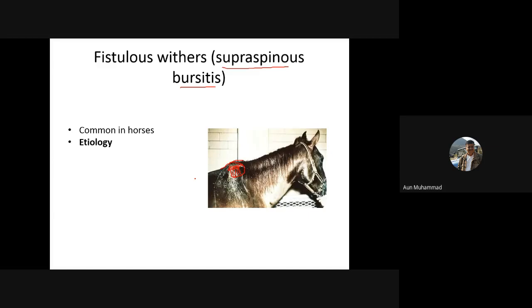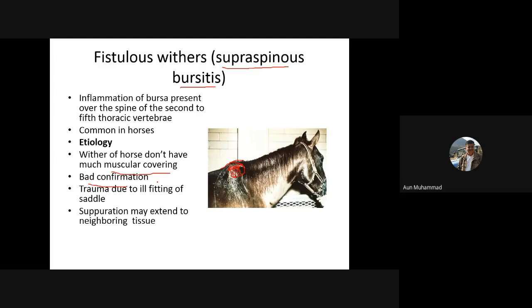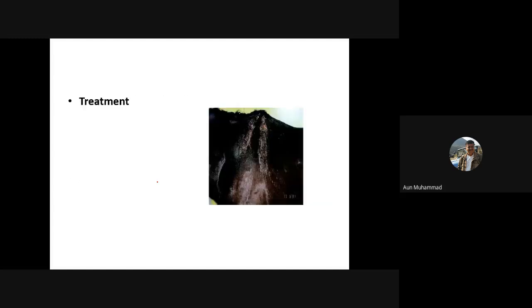This condition is very common in horses, and the etiology behind it is usually the weakness of the animal, bad conformation, and trauma due to an ill-fitting saddle, and the infection may extend to the neighboring tissues and result in fistula formation. Brucella has been isolated from this condition, and it is the main causative agent isolated from cases of fistulous withers.